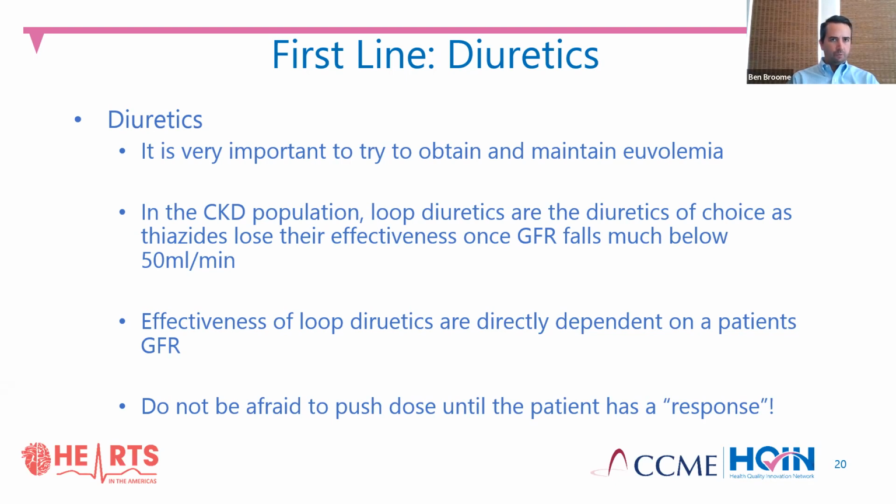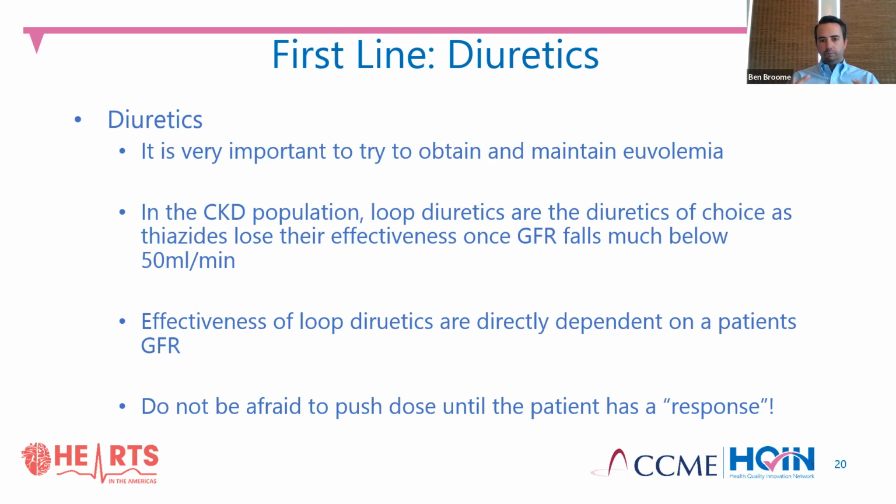Some might say 40 or 30, but the take-home point is in patients with especially advanced CKD, a thiazide diuretic is not going to give you the benefit that you're looking for. And I very, very often see patients for the first time who do not have a GFR at or near 50 or below. Okay, so for me and for my patients, thiazides are not my first choice.